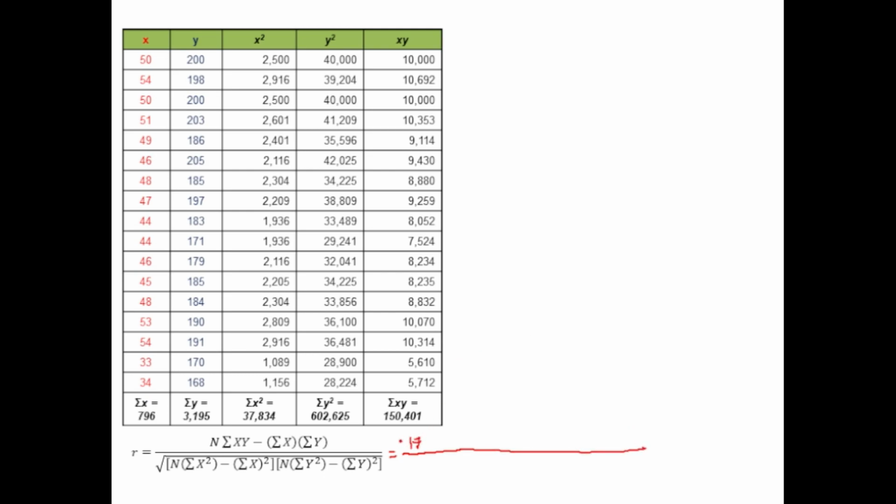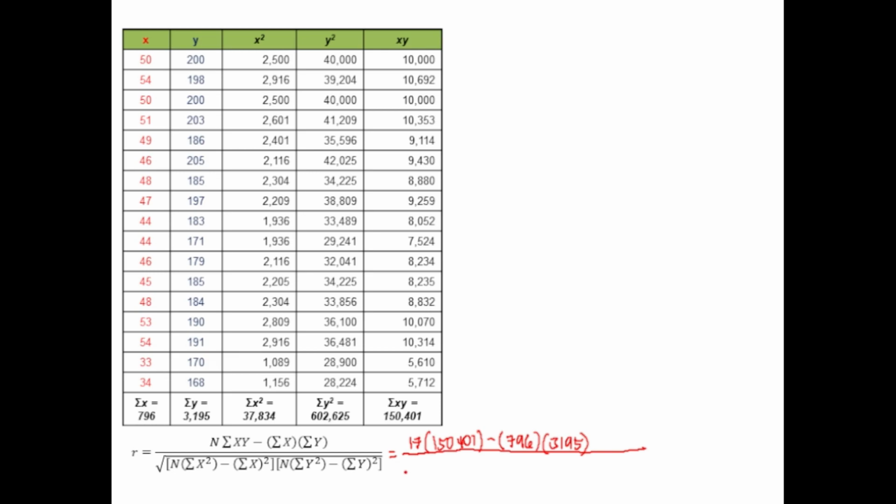Remember, our n is 17 times yung ating summation ng x and y is 150,401. Okay, minus yung summation of x, that is 796, times yung summation ng y, that is 3,195.